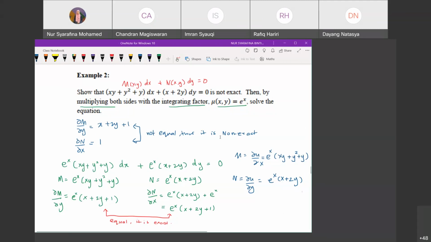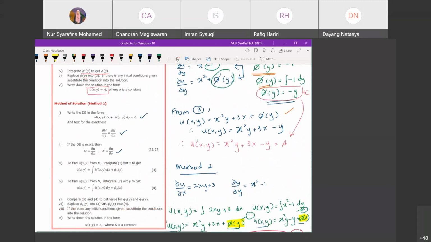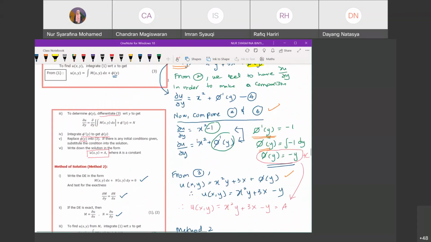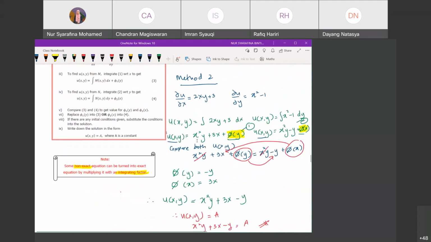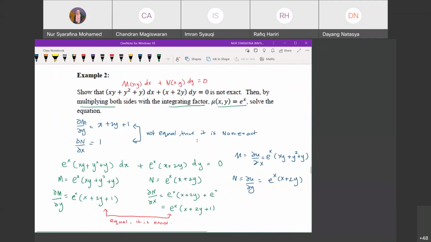Remember, in method 1, you just need to choose one to integrate, then differentiate and compare. For method 2, you integrate both and compare. So method 1 is quite doable. Method 1 is the better option.